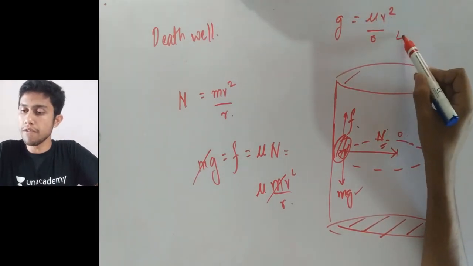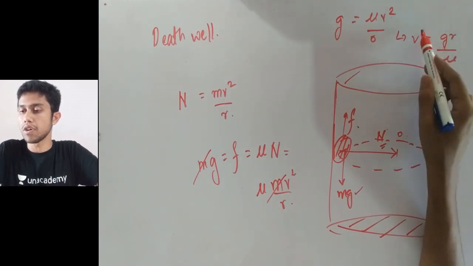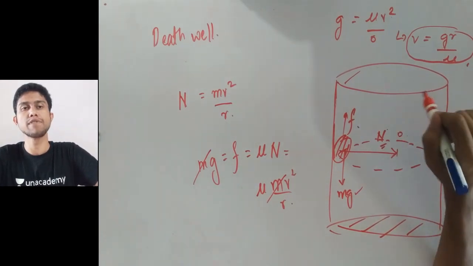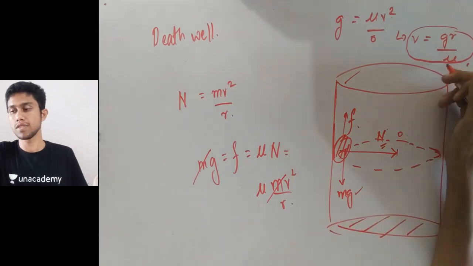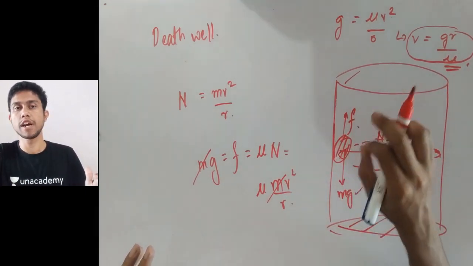So I get v equals root of gr by mu. This is the equation with which you can find the velocity with which the stuntman is performing the stunts. This is a very important formula which will be used in solving problems of death well.